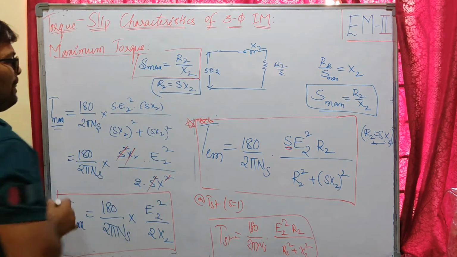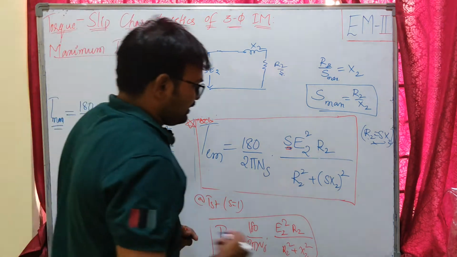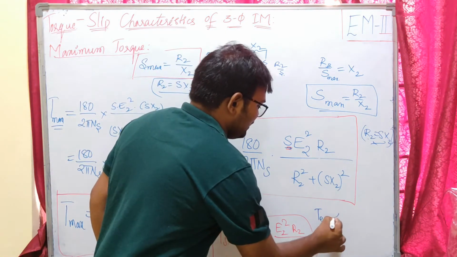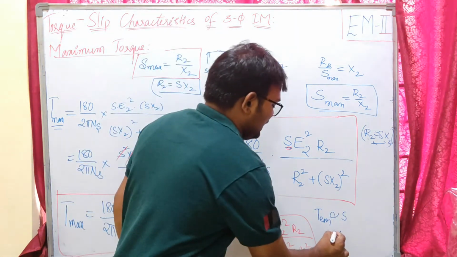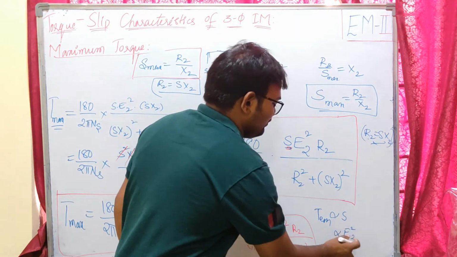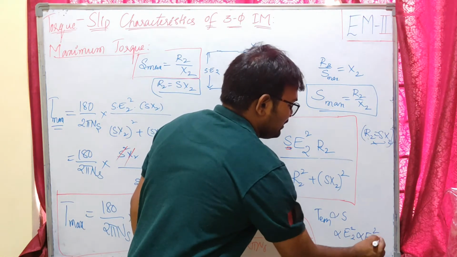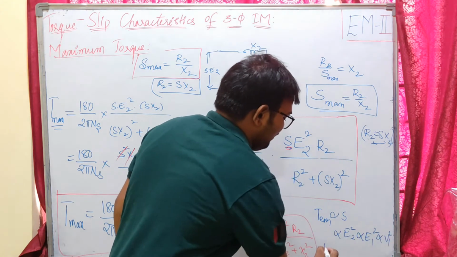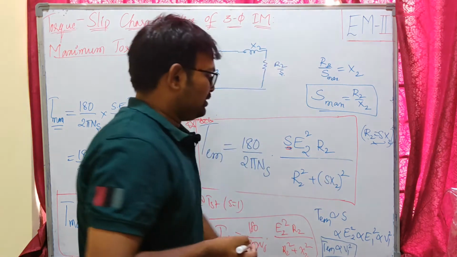So this is the relation for torque, and you can observe that our torque T EM is directly proportional to slip and directly proportional to E2 square, which is also equal to E1 square. E1 is due to V1 square. That means our electromagnetic torque is proportional to the square of our supply voltage.